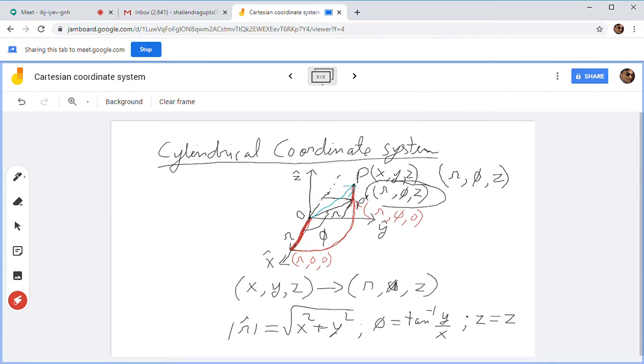So what you need to do is convert R phi Z to X Y Z. Okay, so this is your task. Today's task number 1. You have to convert R phi Z to the XYZ coordinate system.